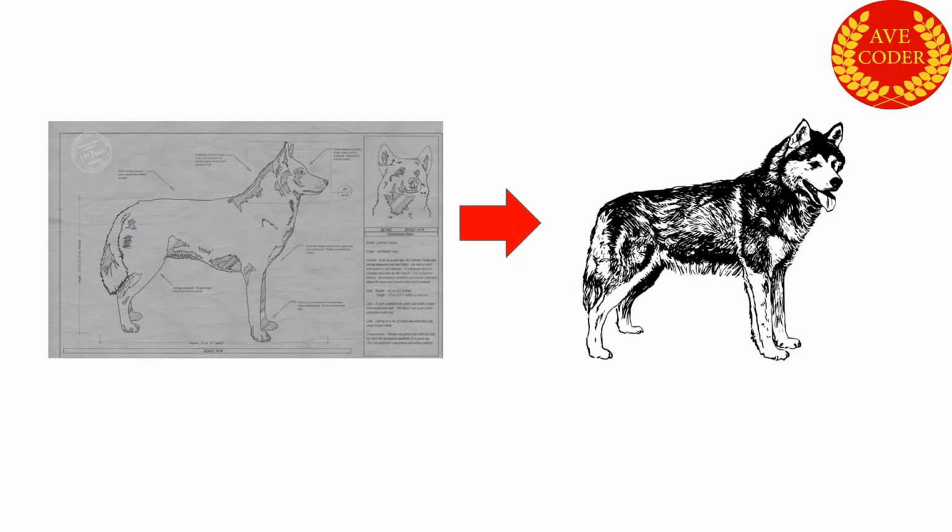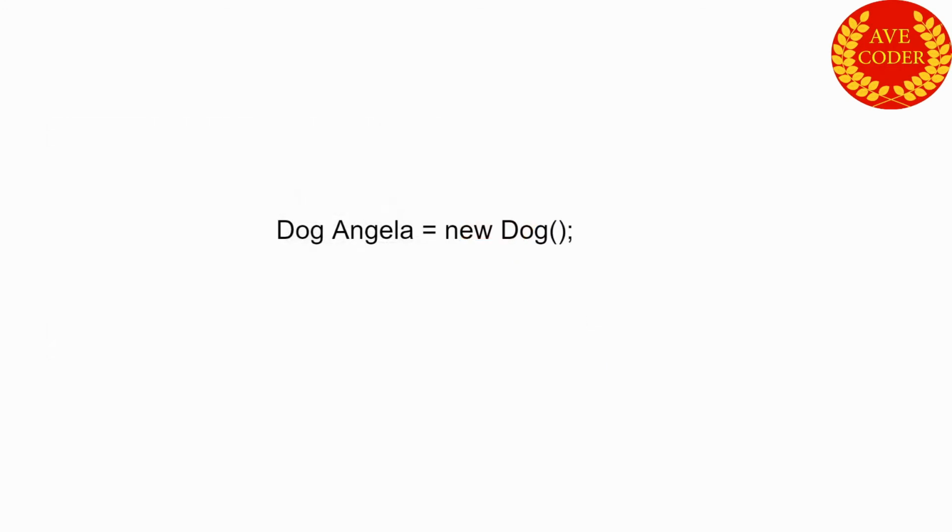And if we decide to instantiate that class, or in other words, create a particular dog based on this description, we could simply do it like this: Dog angela = new Dog(), where Dog is a type of an object which we instantiate using the dog class as a blueprint.